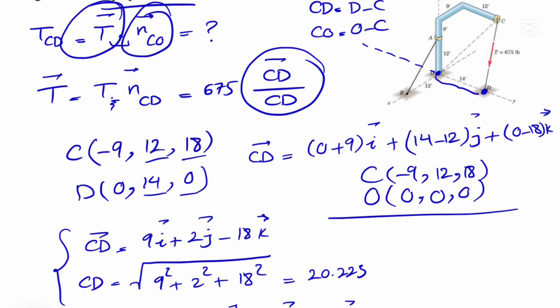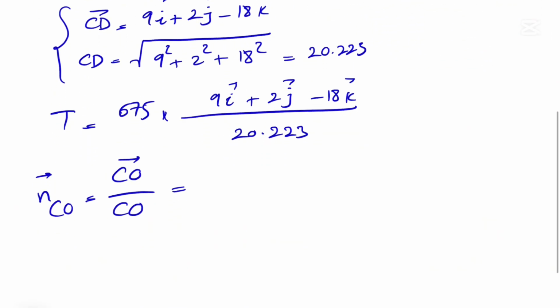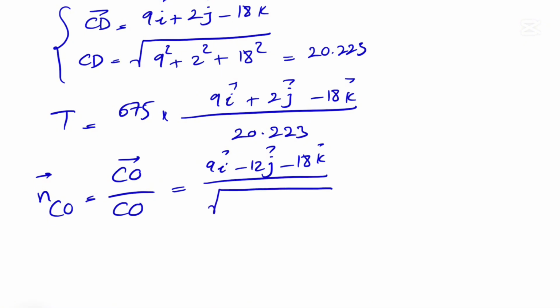So if we want to find CO, we have 0 minus minus 9. Basically, we have to multiply C by a negative sign. So 9, minus 12, minus 18. So 9i minus 12j minus 18k. And for the magnitude, we have the square root of 9 squared plus 12 squared plus 18 squared. We don't care about the negative sign of minus 12 or minus 18 because when it goes to the power of 2, it will be cancelled out.